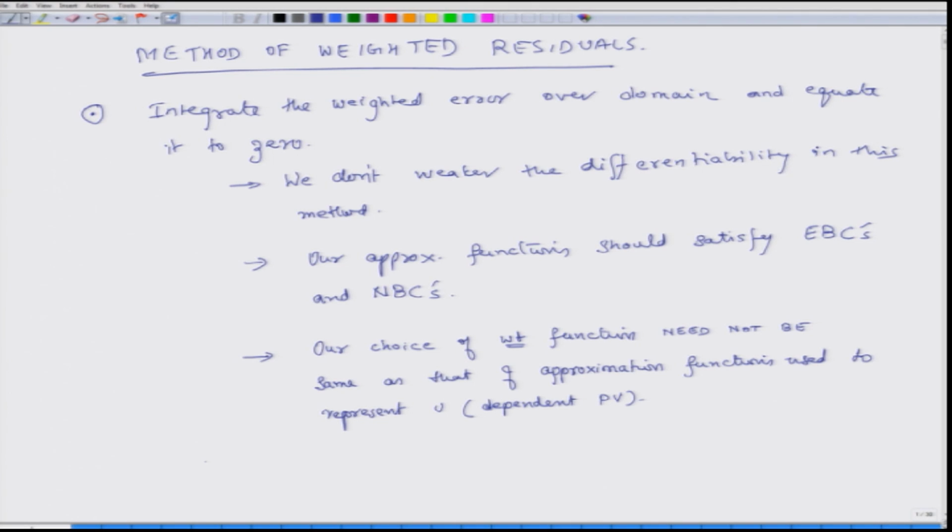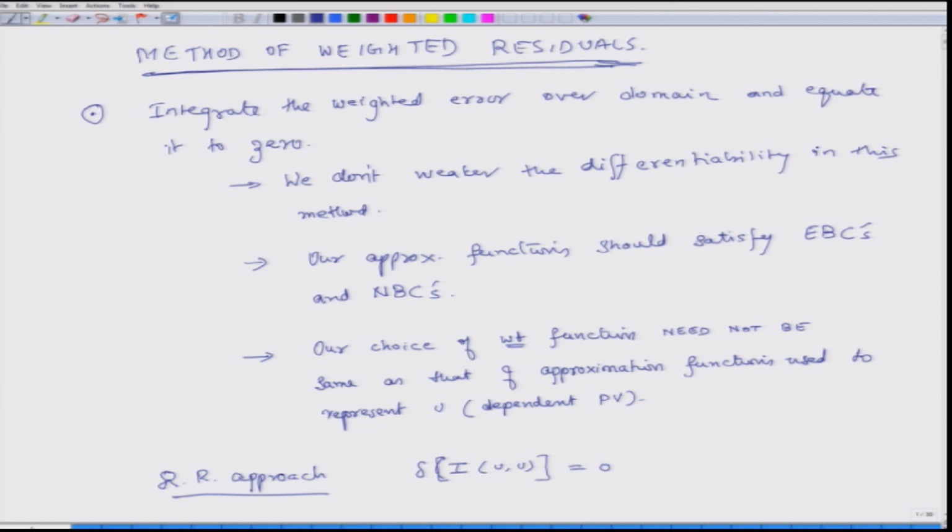The advantage of weighted residuals is this. In our Rayleigh-Ritz approach, effectively we had shown that we were taking the variation of some functional I, which was bilinear in nature and symmetric, and that variation we were equating to 0.